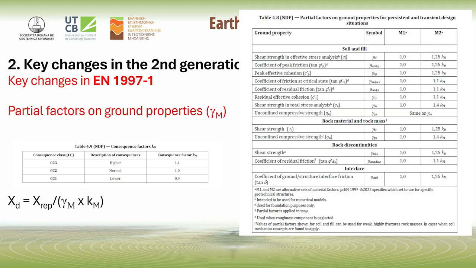The most important ones are the same as before, but there are some additions, notably also for rock materials and rock mass, rock discontinuities, and also for interfaces. And after each value, there is a Km, the consequence factor that is applied to ground properties, and you can see the values on the left side of the screen for this consequence factor Km.